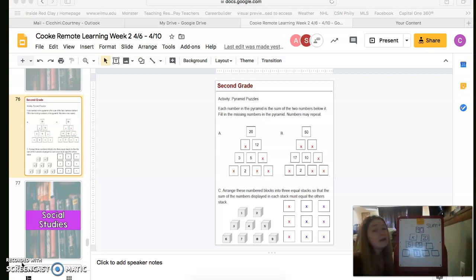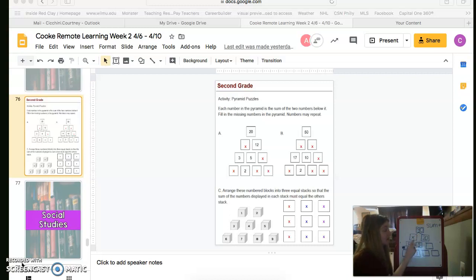So looking at my pyramid, the one on the board is different than yours in your book or on your Google slide. So I want to go over an example first. So I have 30 at the top of my pyramid. And my directions said the two numbers below it will equal this number.